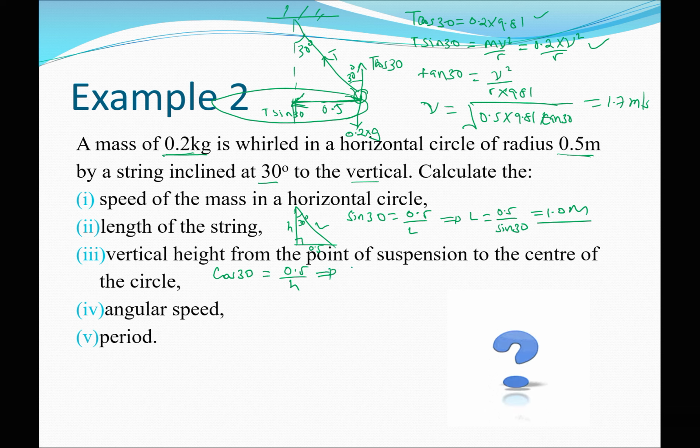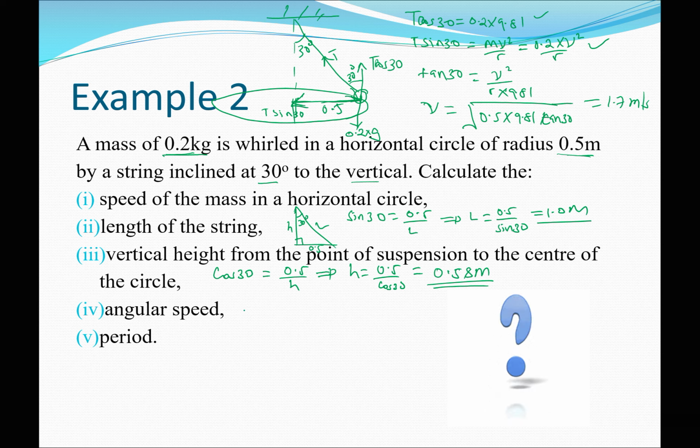So this means h is going to be 0.5 divided by cos of 30. So this is approximately 0.58. So that is the vertical height from the point of suspension to the center of the circle.